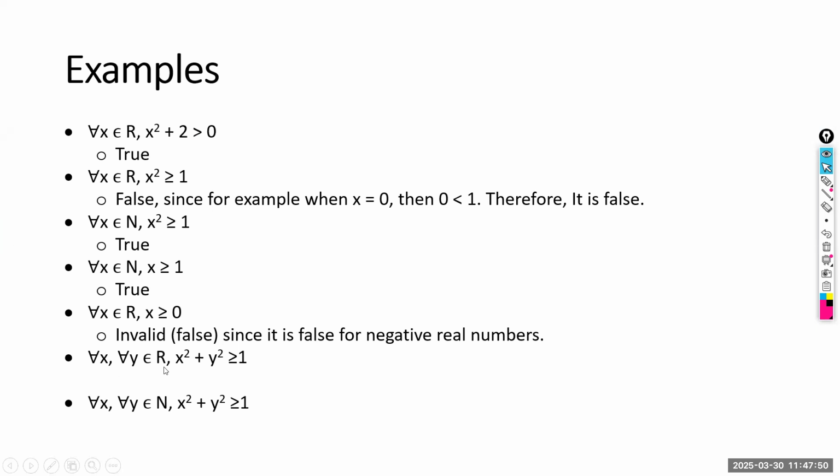For all x, all y, which are real numbers, x squared plus y squared must be greater than or equal to 1. So all x, all y means for all x values and for all y values. That means no xy combination should violate this. If you can find at least one combination, then the statement is false.